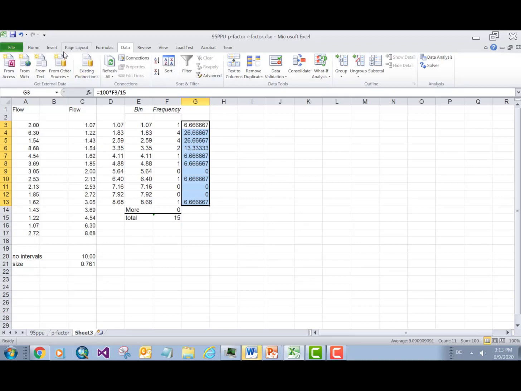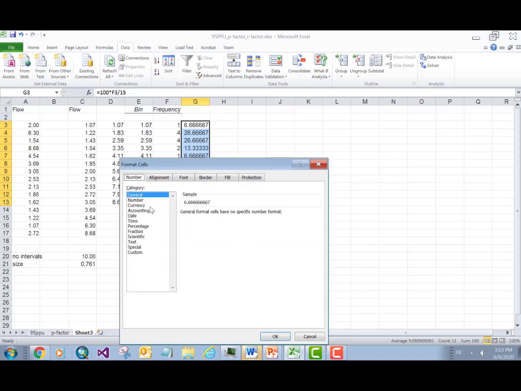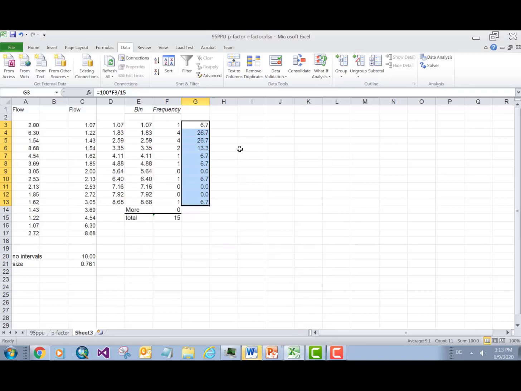Again, to make things simple, let me just limit this to 1 decimal point. It would be easier to follow. So these are my percentages. Just put a percent here.